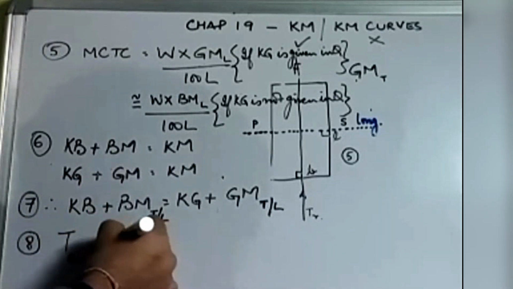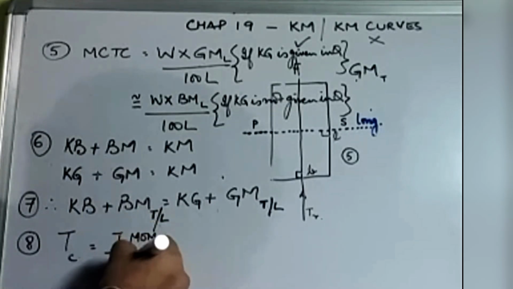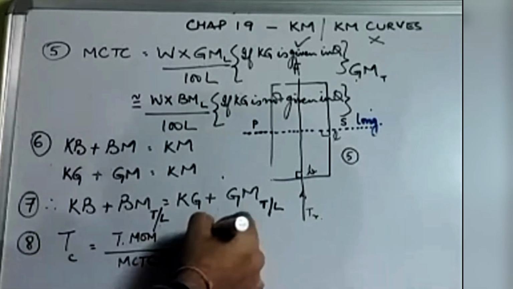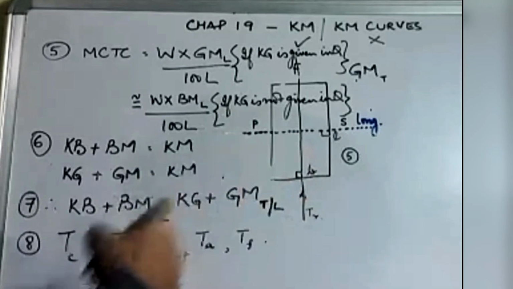TC is equal to trimming moment upon MCTC. मैं TC निकाल सकता हूं. एक बार मैंने TC निकाल लिया तो मैं TA भी निकाल सकता हूं एंड देयरफॉर TF भी निकाल सकता हूं.